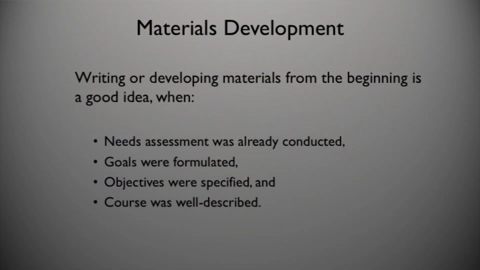This is different from material adaptation. Why? Because material developing consists of writing or developing materials from the beginning. This is a good idea when need assessment was already conducted, goals were formulated, objectives were specified, and courses was well described.